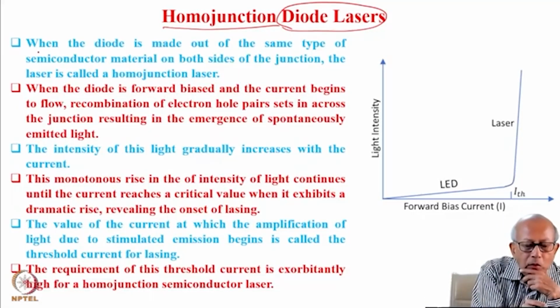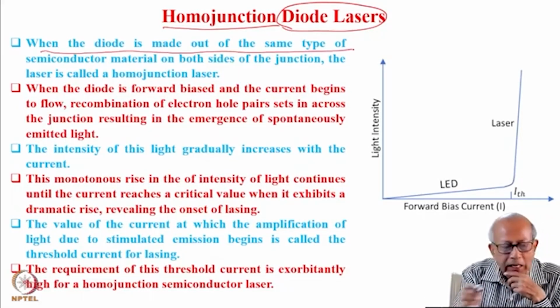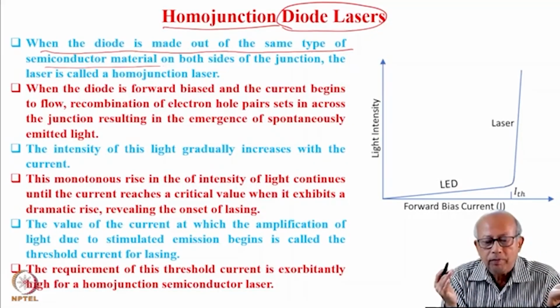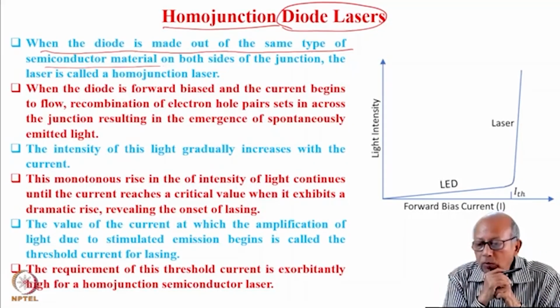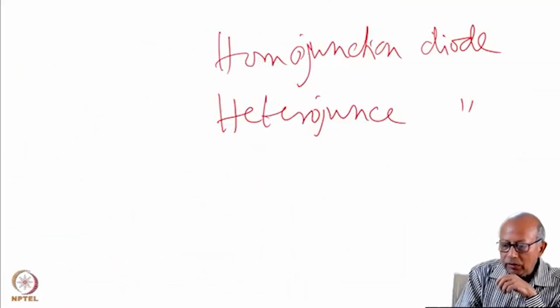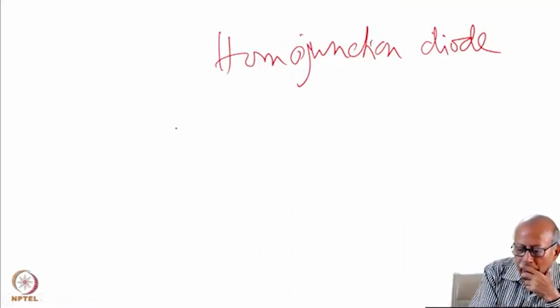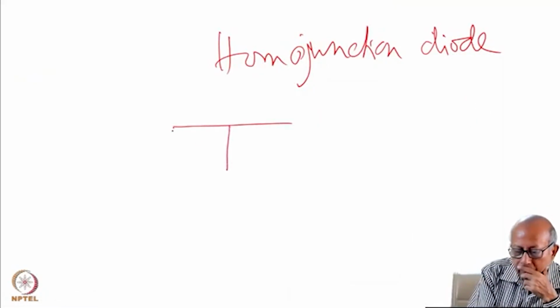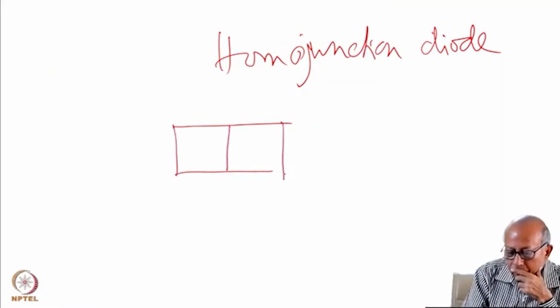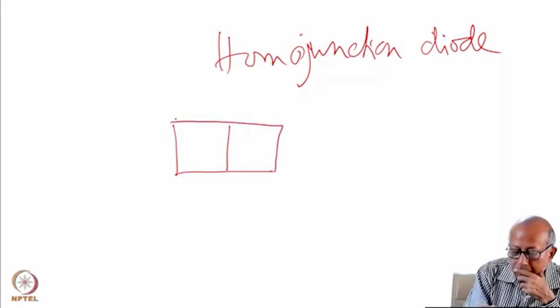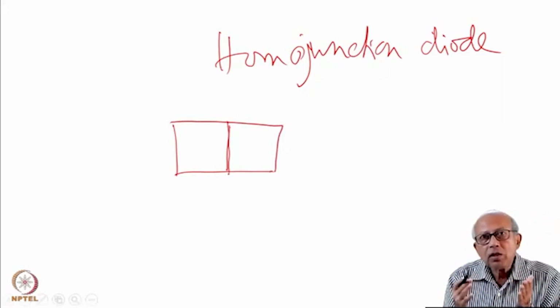You see, when the diode is made out of the same type of semiconductor material on both sides of it, the laser is called a homojunction diode. That means for a homojunction diode laser, both P and N type are made out of the same semiconductor material.